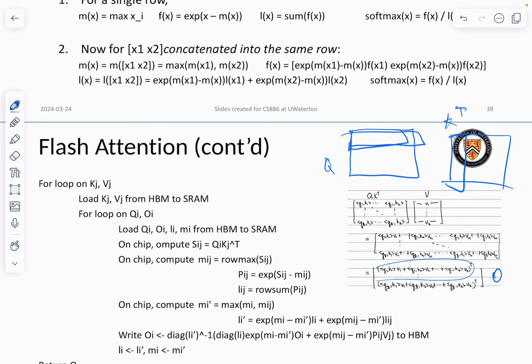So that means out of this entire output, we only have Q from 1 to somewhere here, and then K from here to over here.